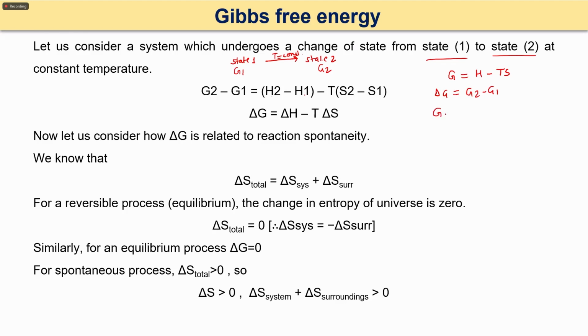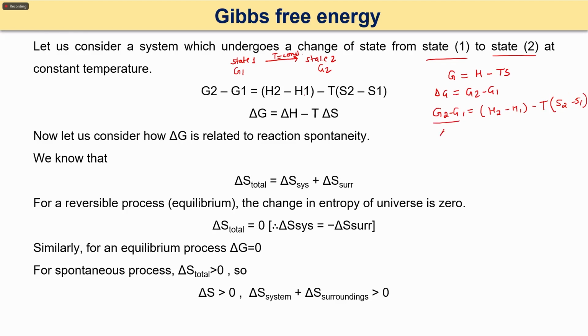So G2 minus G1 will be equal to H2 minus H1, minus T times the entropy change. This is happening at a constant temperature, so T will not change, but entropy will change from S1 to S2, so the change will be S2 minus S1.